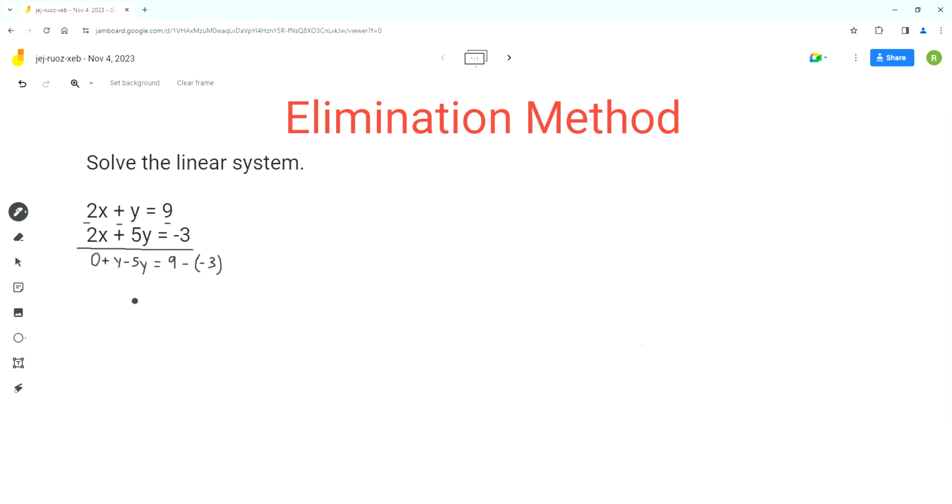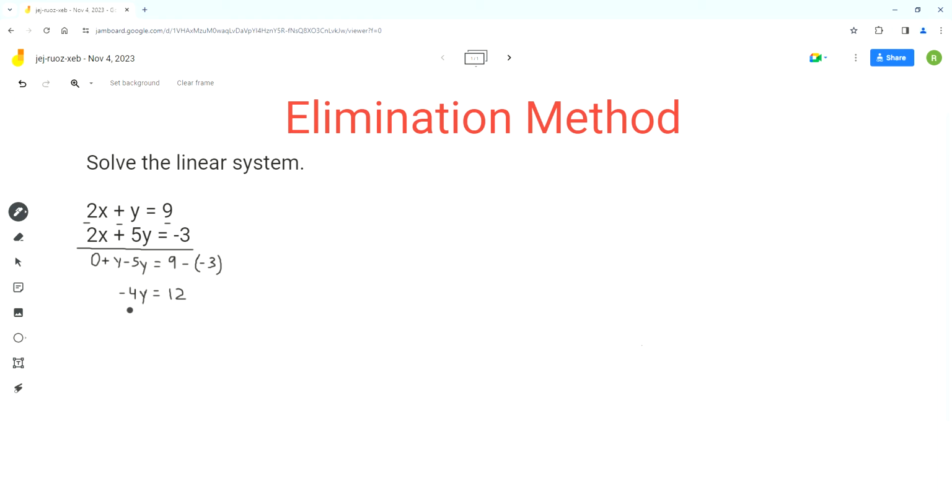Now in the next step, we can subtract the y terms. So here we have to do 1 minus 5, which is equal to -4. So we get -4y equals, and 9 minus -3 is equal to 12. Now as you can see, we have only the y variable in this equation, so we can isolate y.